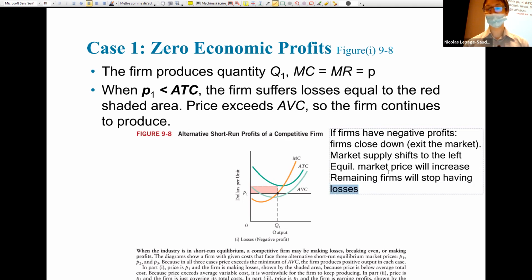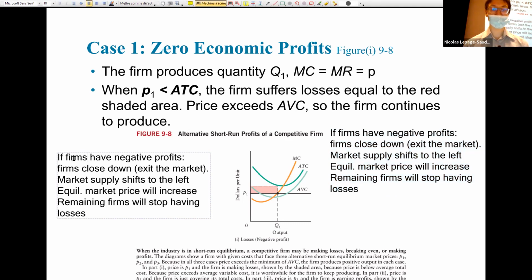All right, so this is how the market will adjust in the long run. And of course, the reverse is true for gains. If firms have positive profits, then firms will enter the market. Why do they enter the market? Well, there is no intrinsic barrier to entry. So everybody can just start producing and gain something.